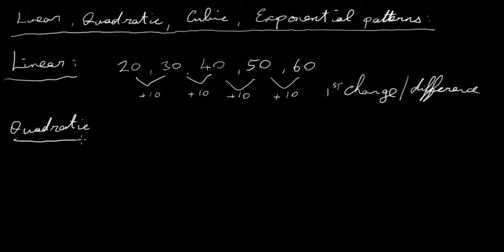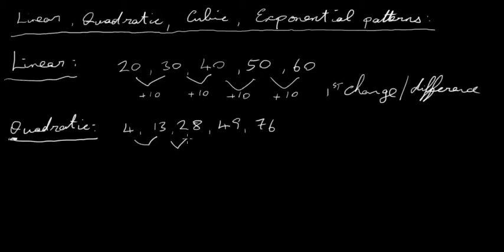Quadratic, okay. So let's take the numbers 4, 13, 28, 49, 76. We're going to do exactly the same as what we did before. We're going to look at the differences between these numbers.